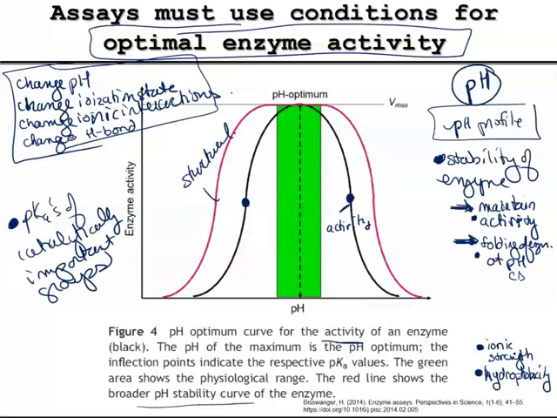But for the most part, enzymes like to have an aqueous environment, unless we're looking at enzymes that are associated with cell membranes, right, or organelle membranes. And then we're going to have to provide some more hydrophobic nature to the enzyme assay buffer in order to keep those particular proteins happy.